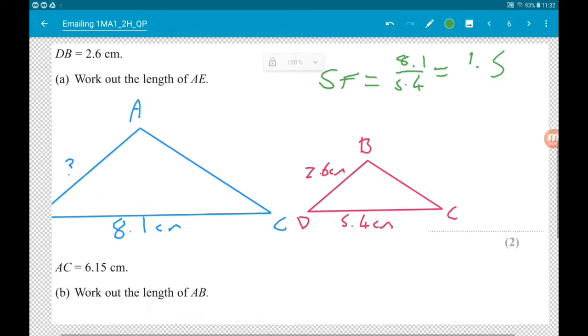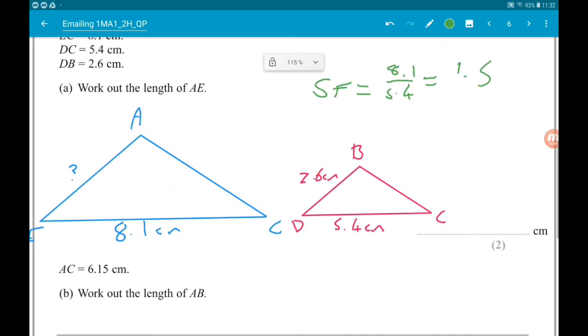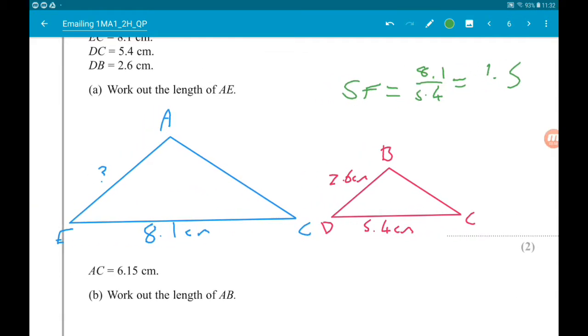So we want AE. Now we have the corresponding length on the small triangle, which is BD. So to get from the length of the small triangle to the length of the big one, we multiply by the scale factor.